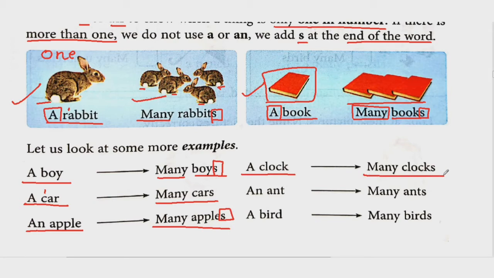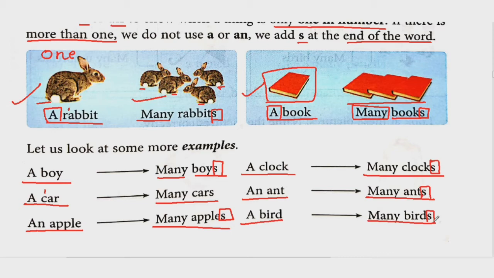Students, continuously you can observe one thing. When we are using the word many, that time each word contains s at the end. So जब एक से ज़्यादा चीज़ें हैं तो हम उसे end में s लगाएंगे. An ant, क्योंकि एक ही ant है. Many ants. A bird. Many birds.